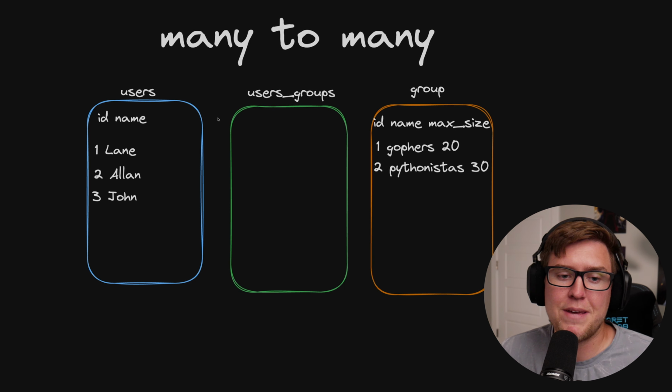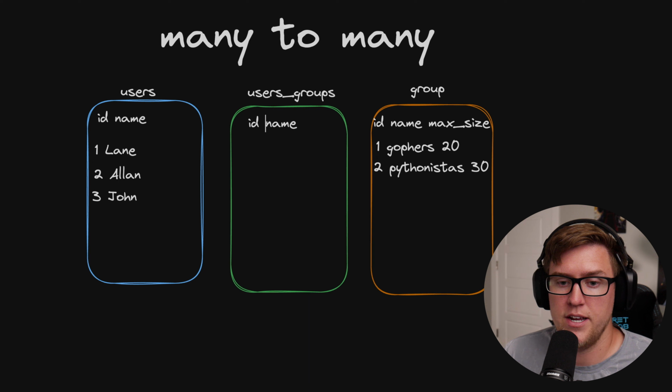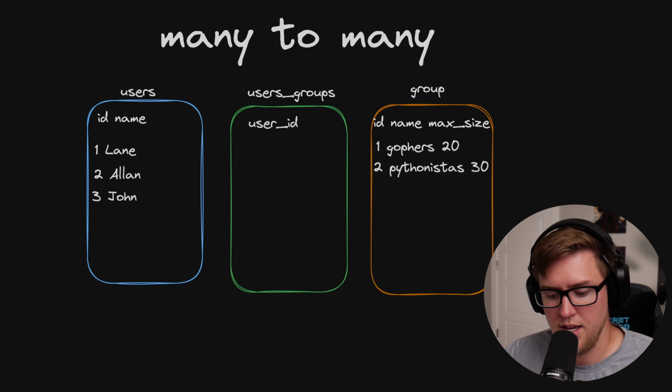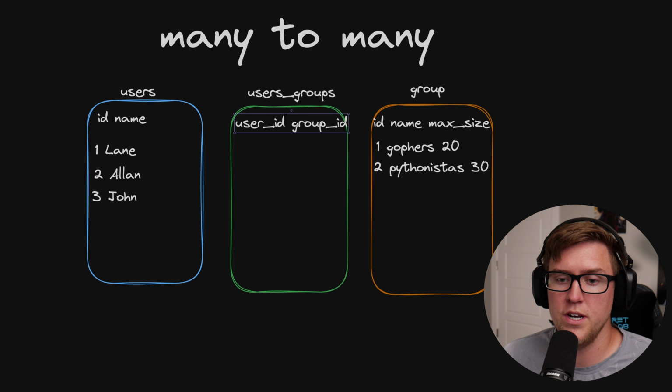Okay, what would actually be in this table? Well, typically there's just two things in this table. There is a user ID and there is a group ID. Right? So just two foreign keys make up this table.